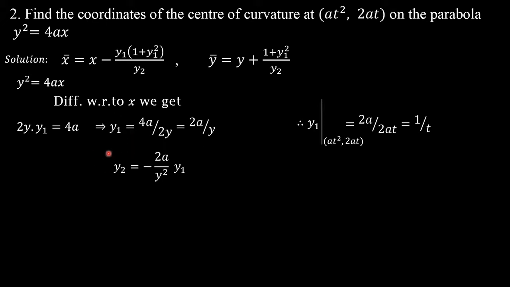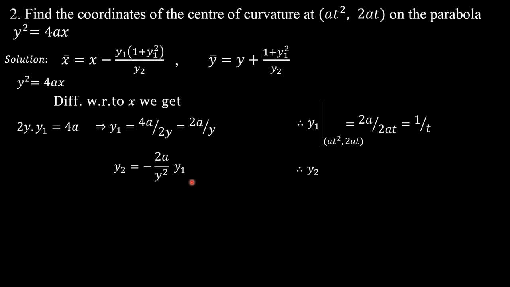What is the differentiation of y1? The differentiation of y1 with respect to x is y2. That is equal to 2a is constant, so keep it as it is. Differentiation of 1/y with respect to x is −1/y² into the derivative of y with respect to x, that is y1.